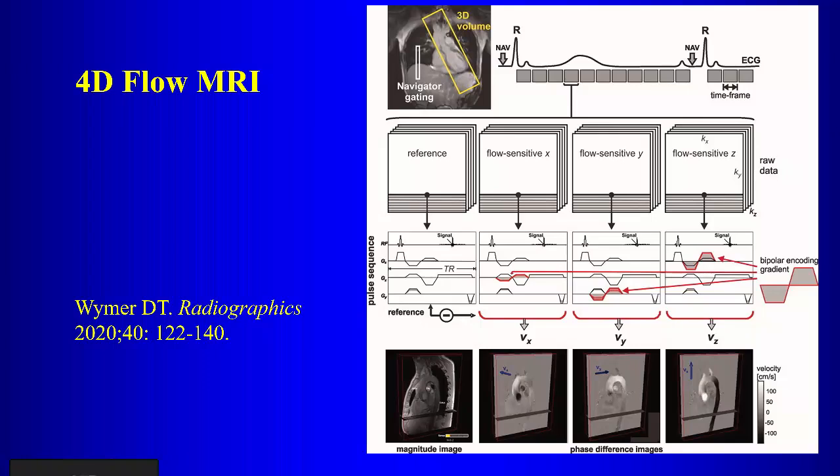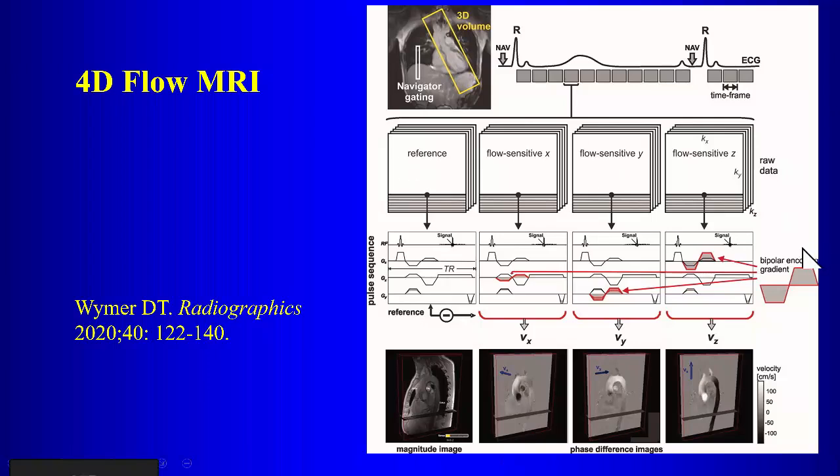So you obtain these measurements in all three dimensions, so you actually get volumetric information about the flow. Regardless of the direction of the flow, you're imaging a whole volume, and the direction of flow within that whole volume. So this is called 4D flow MRI.